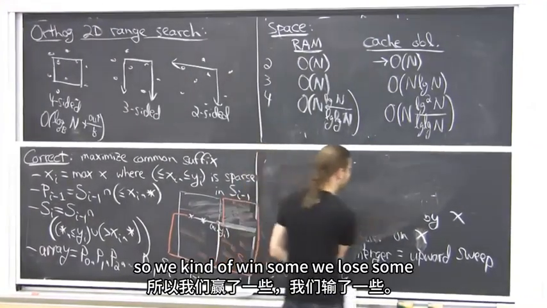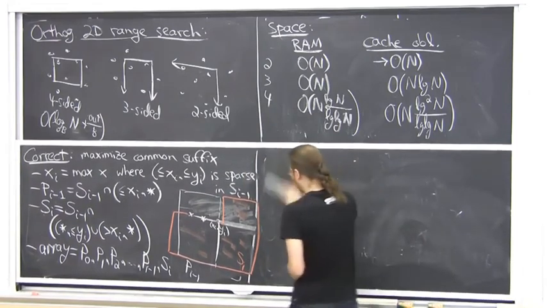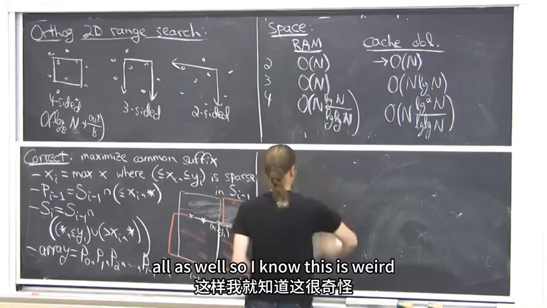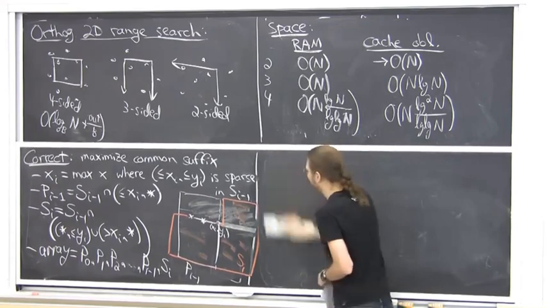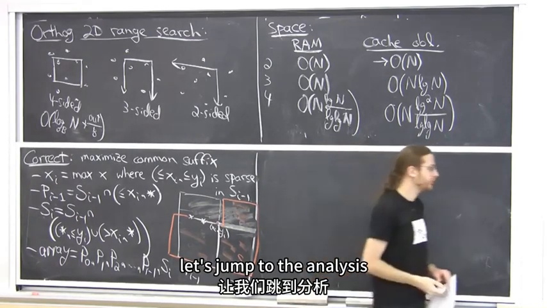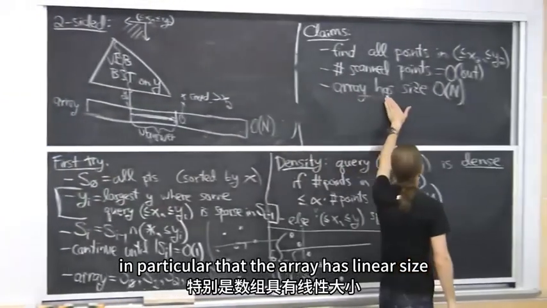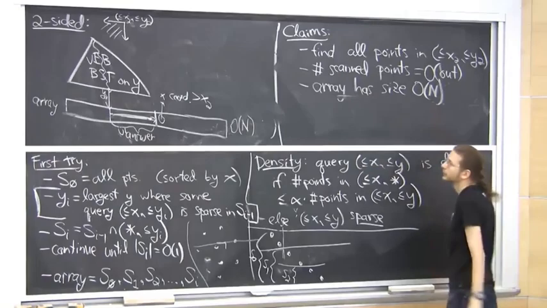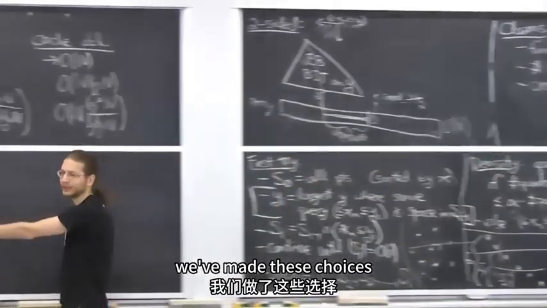So we kind of win some, we lose some, but it turns out all is well. So I know this is weird, but let's jump to the analysis, these claims, in particular that the array has linear size. Let's think about that, and it will become clear why the heck we made these choices.